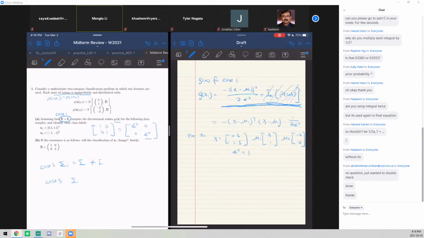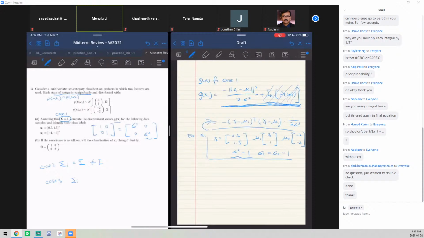So we know the variance is 1. Whether it's variance for case 1 or variance for case 2, it's always 1. Okay, we know that's for x1. We just plug in all these numbers into this equation.